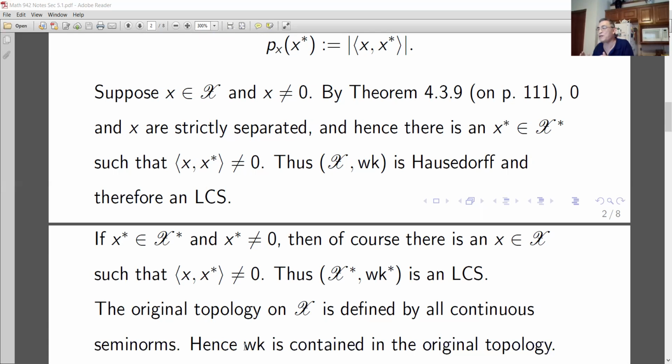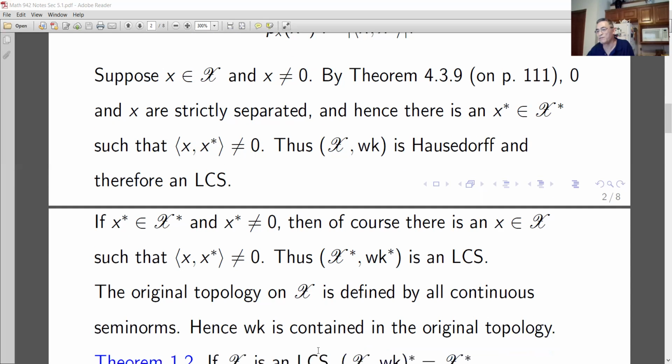They are not necessarily all of the continuous seminorms. So this says that the weak topology is contained in the original topology. Or, using the language of topology, the weak topology is weaker than the original topology, and the original topology is stronger than the weak topology.